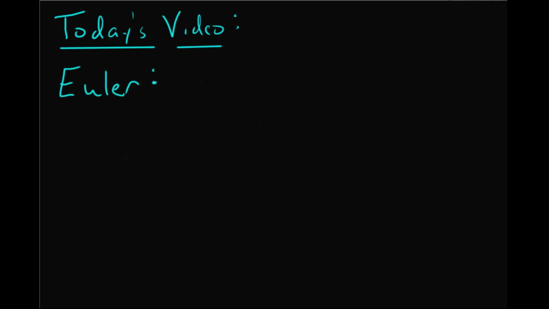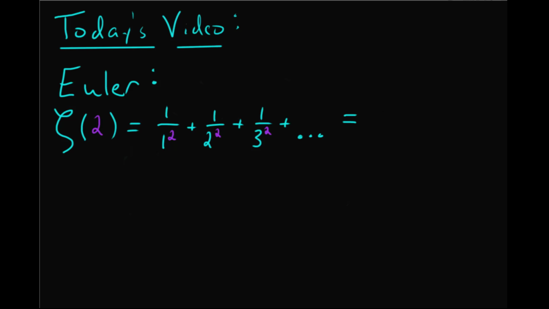Well, Euler shocked the mathematical world when he demonstrated that this series actually converges to pi squared over 6.